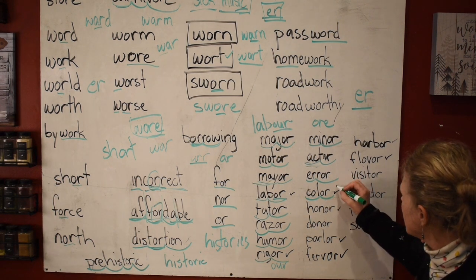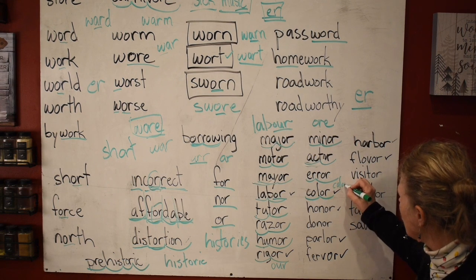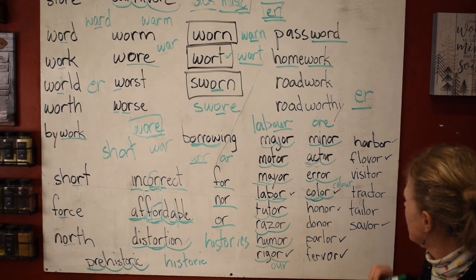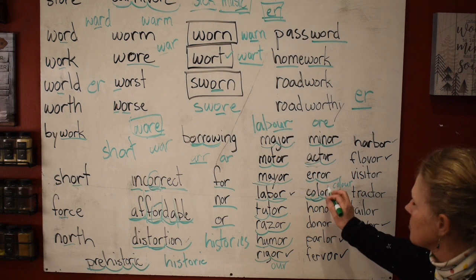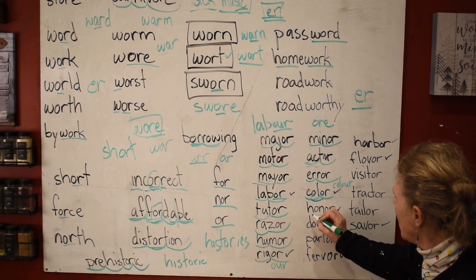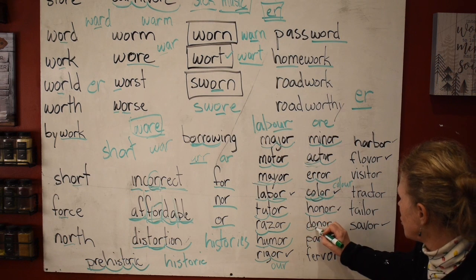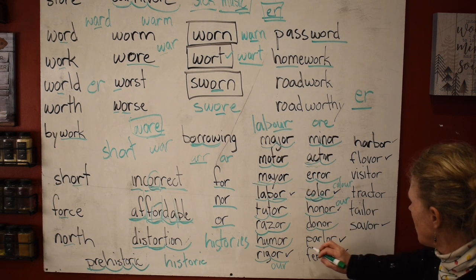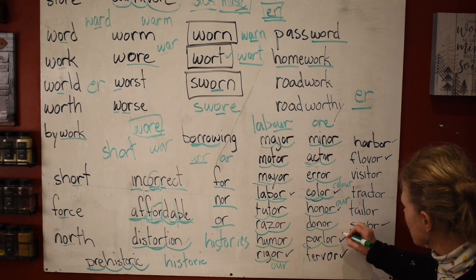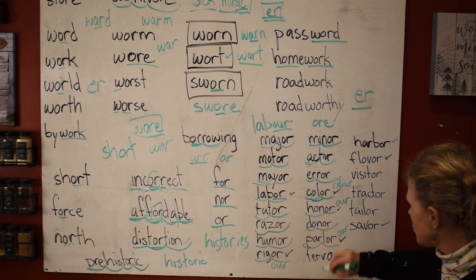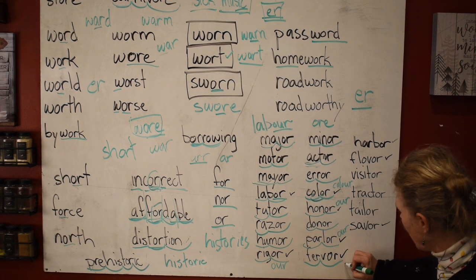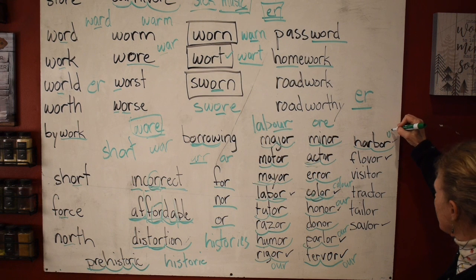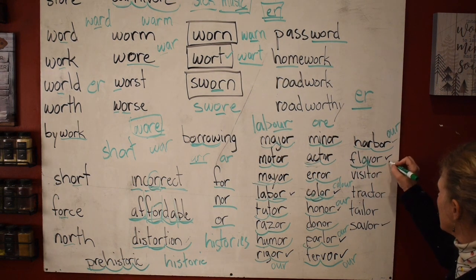Now, British English is C-O-L-O-U-R, which makes it hard to put the smiley face on there. That's how I would teach the kids to remember how to spell color. Honor, donor. Honor is O-U-R, British English. Parlor is O-U-R in the British. Fervor is also O-U-R, British English. Harbor, O-U-R for harbor. Flavor is O-U-R.